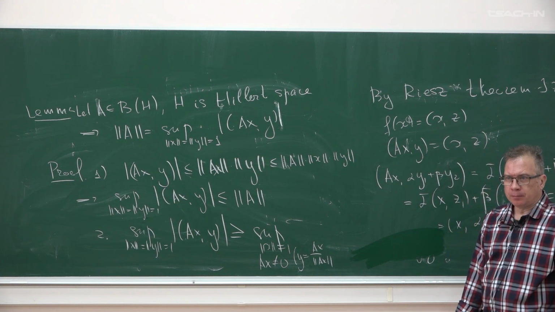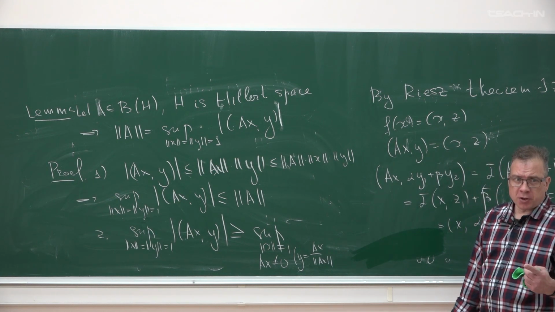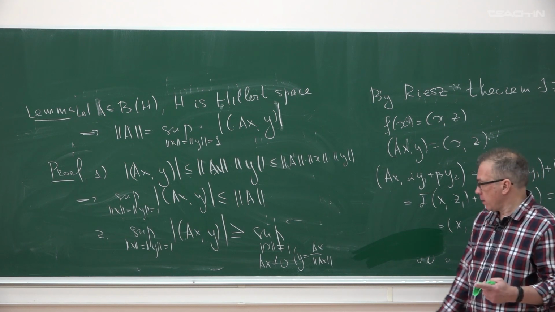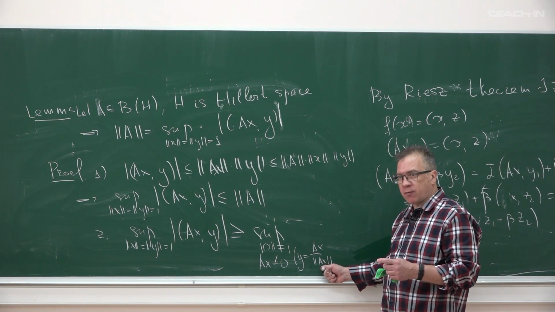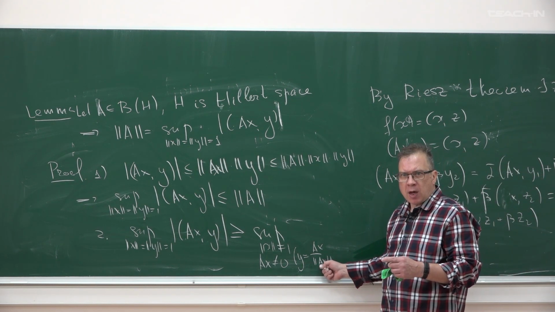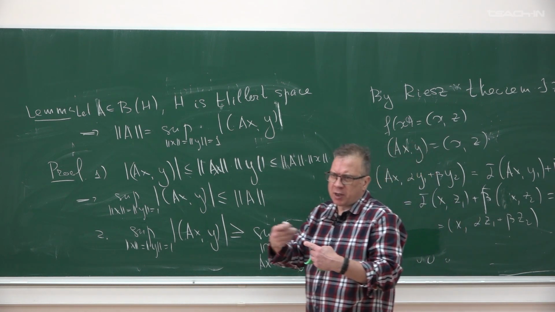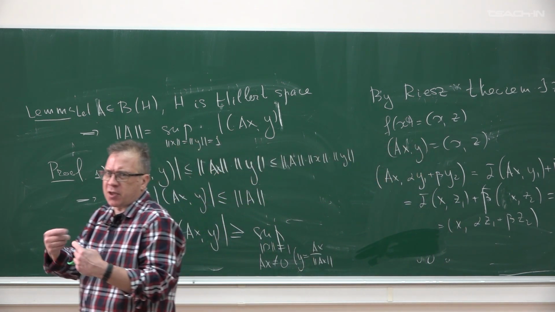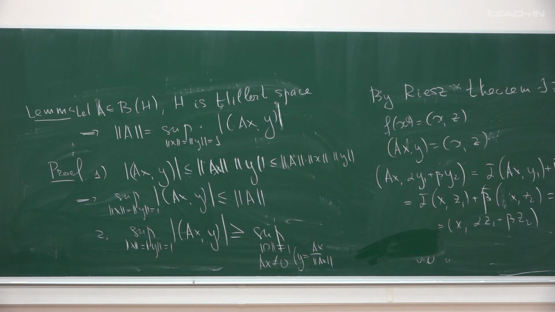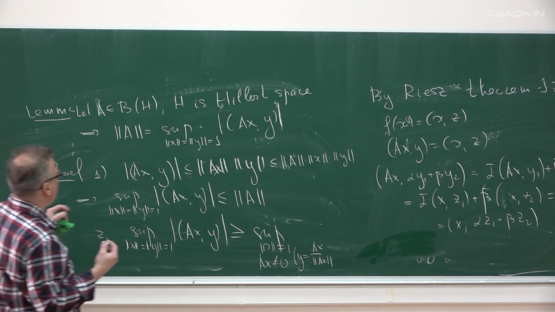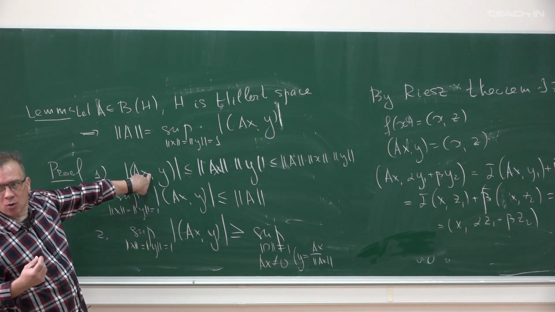If the operator is not zero, then there exist some vectors x for which Ax is not zero. If we want to calculate the supremum, we need to take such a vector x that Ax is not zero. If operator A is zero, this situation is trivial. Of course, the adjoint operator is zero too, because if operator A is zero, this is always zero.